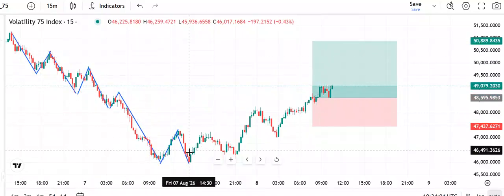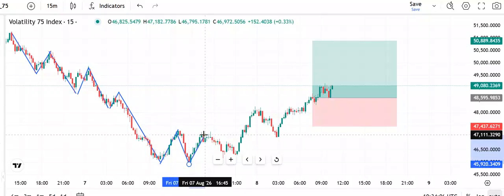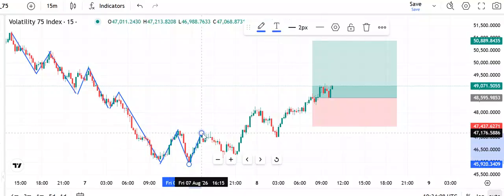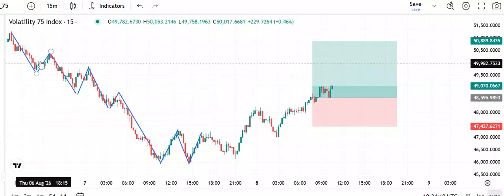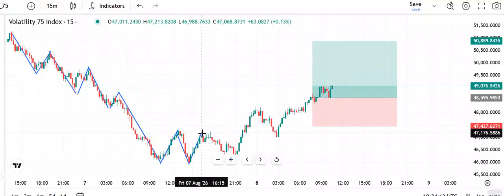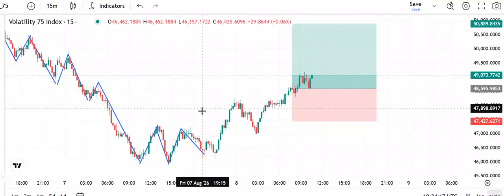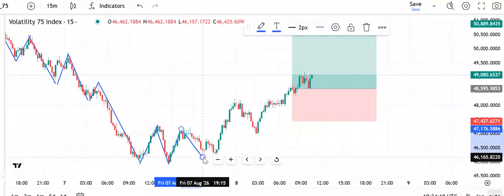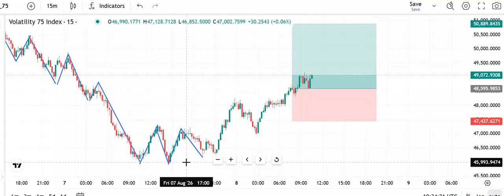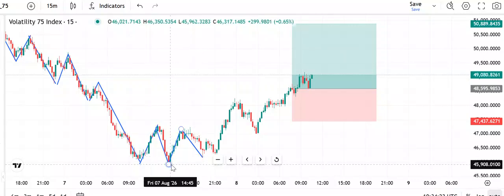and around here lower high, and then we have higher low around here. Okay, higher low, because this low is higher than this low.